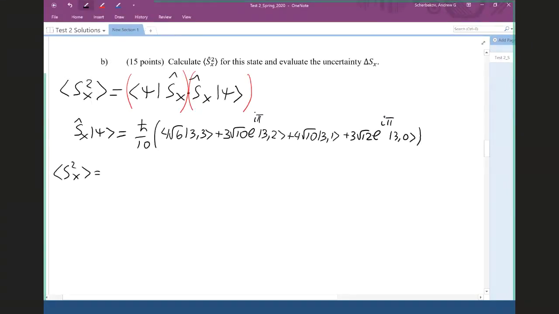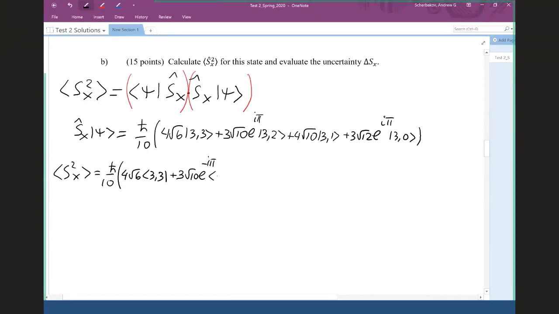that state, if you convert it to a bra, multiplied with this ket. That's all. Let's convert that state to a bra, so you get h bar over 10, and now here it's 4 root 6 bra |3/2> plus 3 root 10 e to the negative i pi. I know it's negative 1, it doesn't matter.